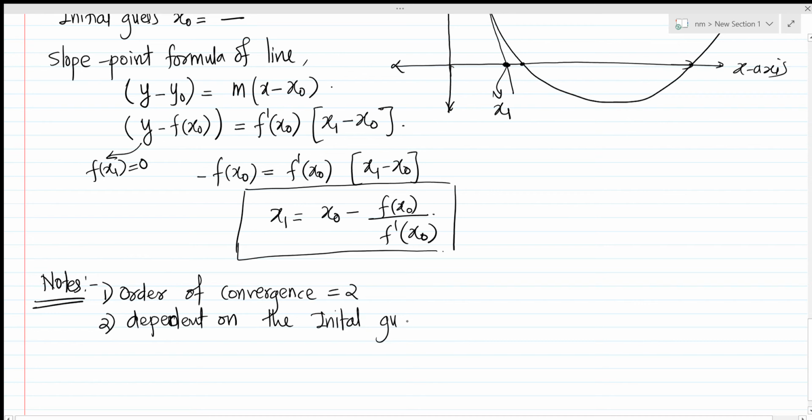There are some cases where it does not converge to the solution if the initial guess is very bad, so it is very dependent on the initial guess. I will show some examples of that graphically, and it converges if and only if this condition is satisfied.